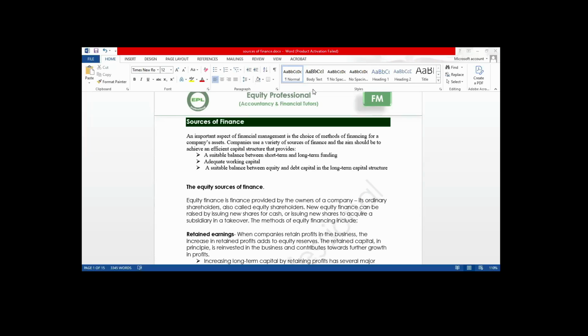An efficient capital structure should provide for adequate working capital. And number three, the capital structure should provide a satisfactory balance between equity and debt capital. That is why companies use a variety of finance sources.